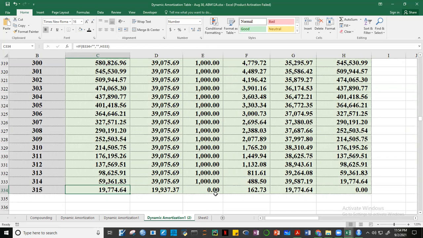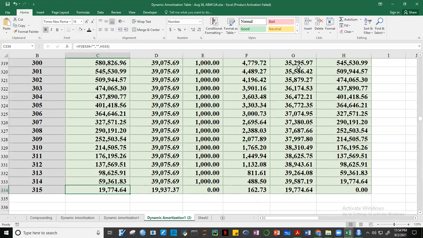Okay, so what did we say was the amount to be paid? It's the beginning balance plus the interest on the beginning balance, which is 162.73. Okay, so the sum of this is actually this one.